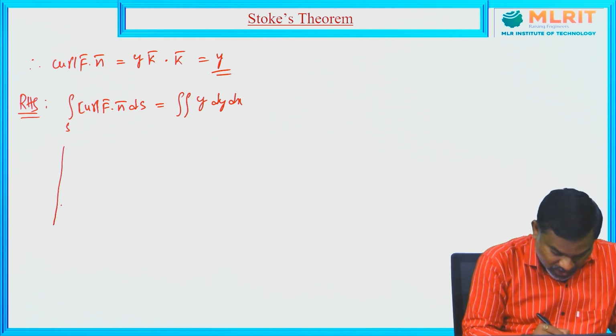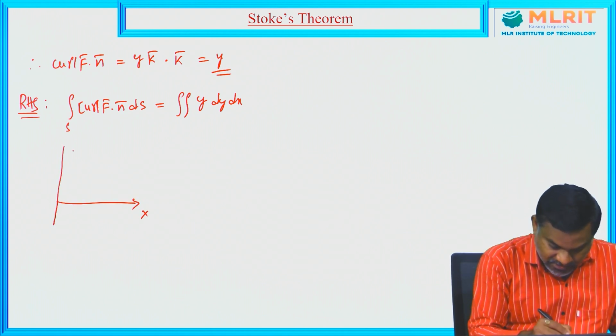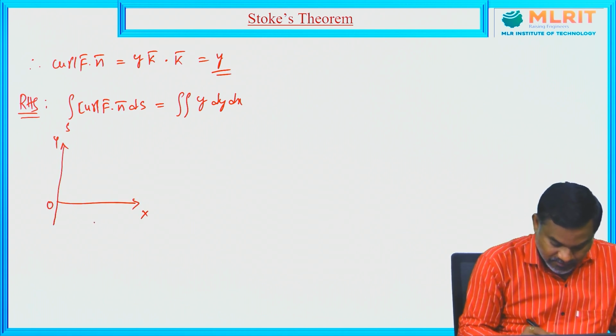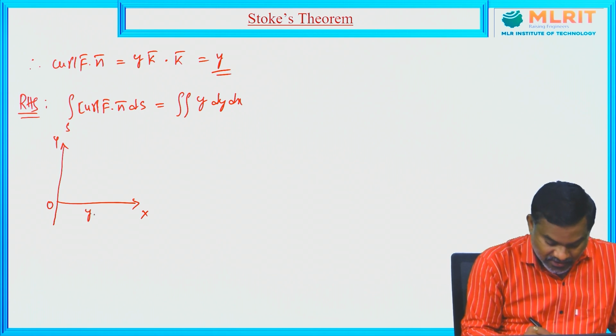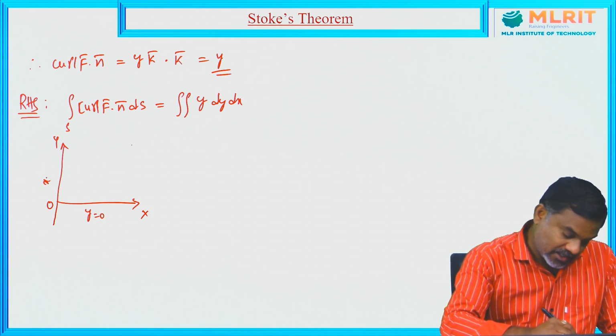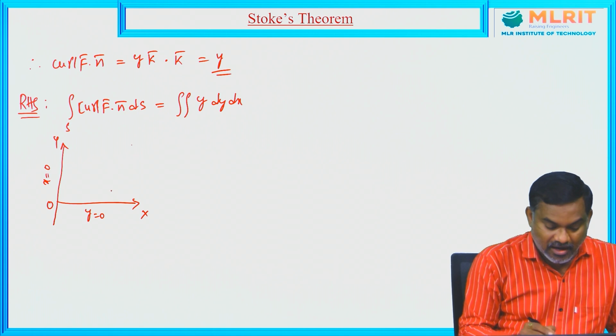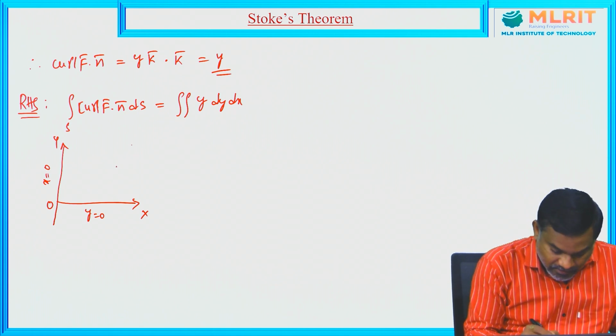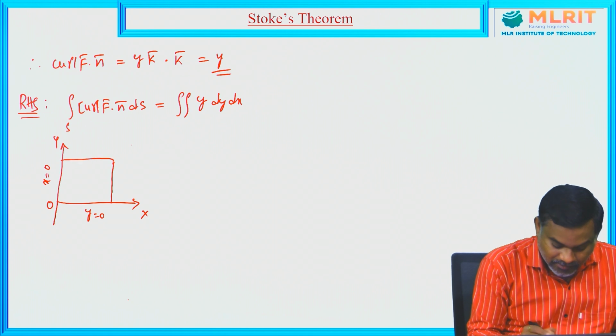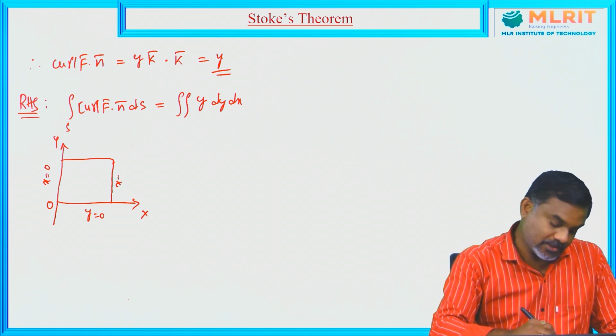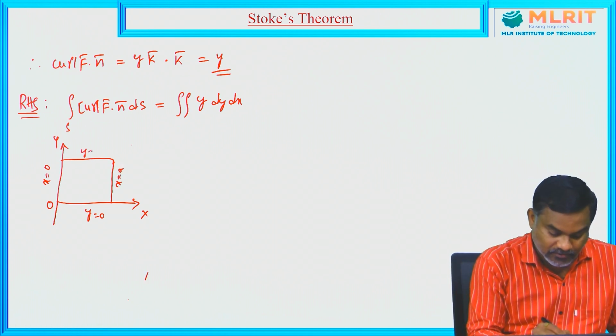So if you draw the x-axis, y-axis, origin, this is the line y equal to 0 and this is the line x equal to 0, and x equal to a, and y equal to a, so that means it's a square.